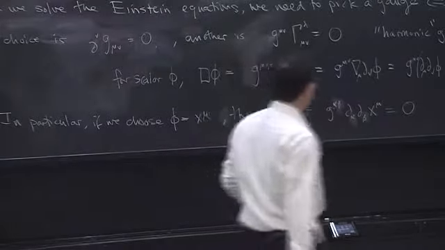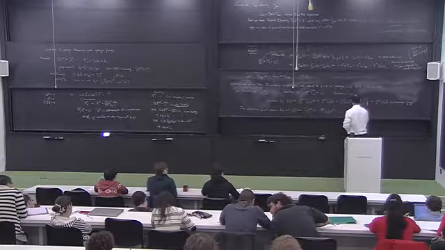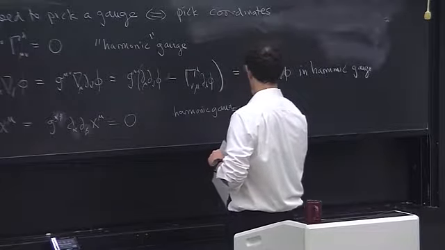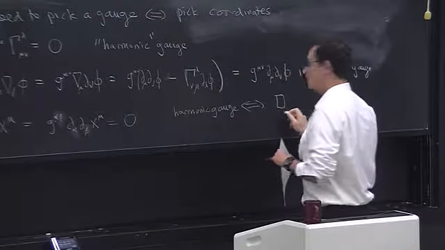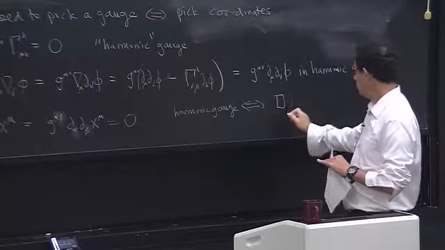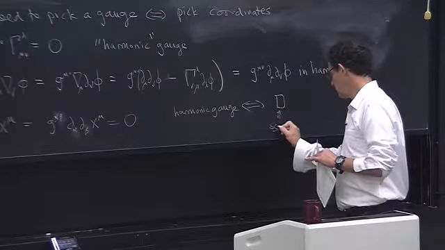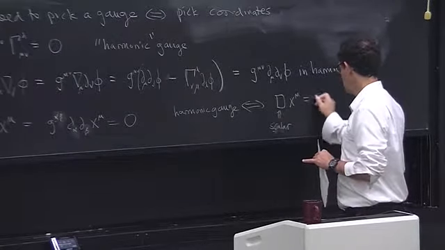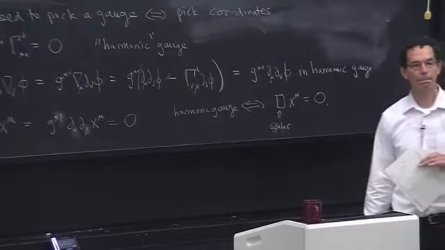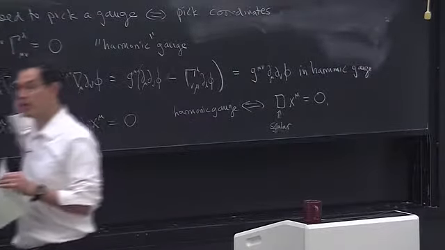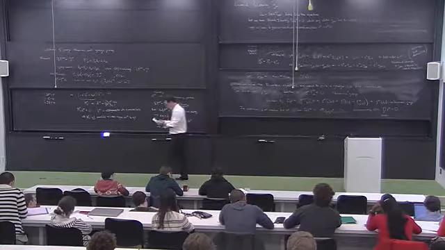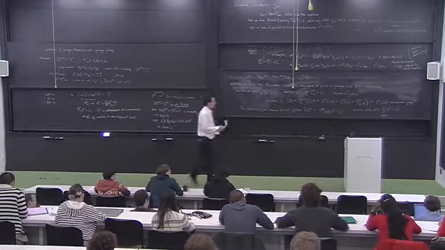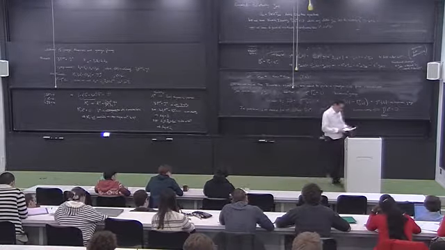So this is the statement of a harmonic gauge. Harmonic gauge is equivalent to the statement that the scalar covariant box on the coordinates is 0. Kind of a nice way, and that's a harmonic. It's saying the coordinates are harmonic functions. Harmonic means that they're eigenfunctions of box, and in this case, this eigenvalue is 0.